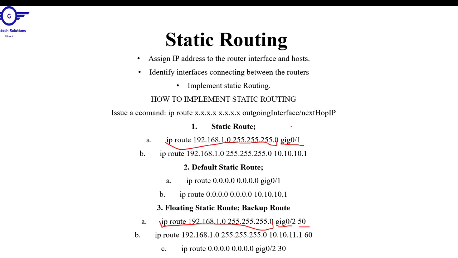Also this one, because you know when this link fails, now we should use gig 0/2 as our main link. But what disables it is this higher administrative distance, because we normally take the default administrative distance.